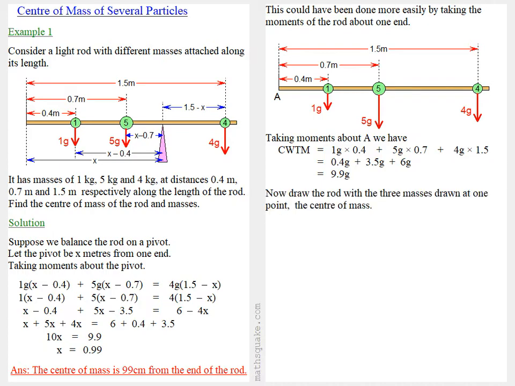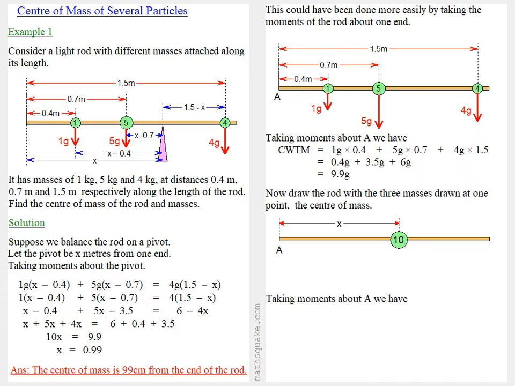We can now draw the rod with the 3 masses drawn at one point, that is, at the centre of mass. And that gives us 10 kilograms at a distance x from A. So, if we take moments about A, the clockwise turning moment is 10g times x. But whichever way we do it, we should get the same clockwise turning moment.